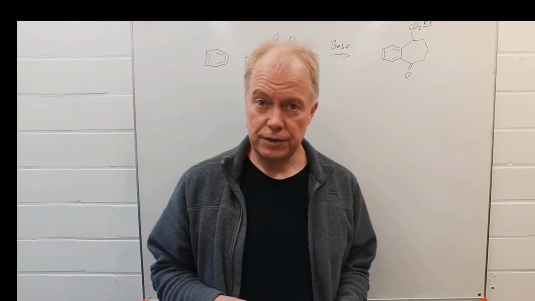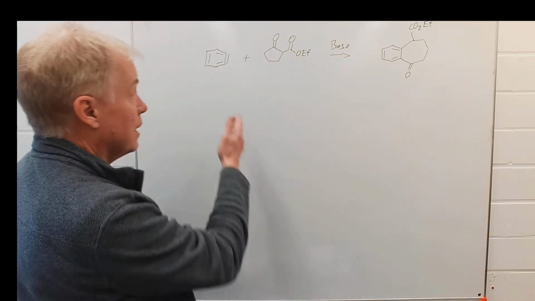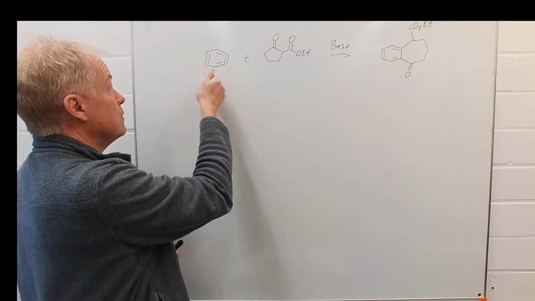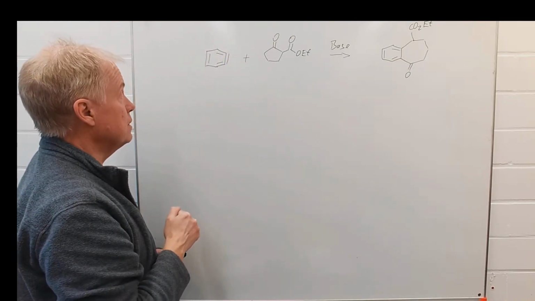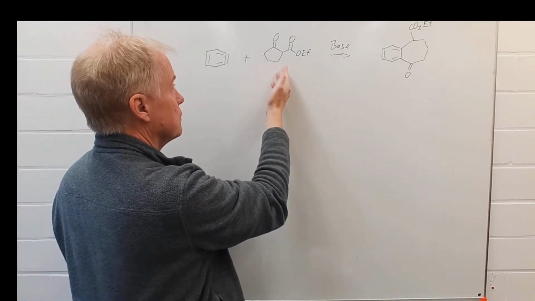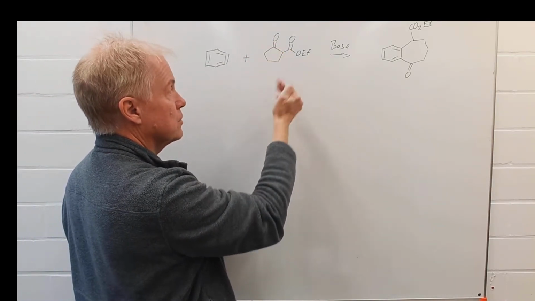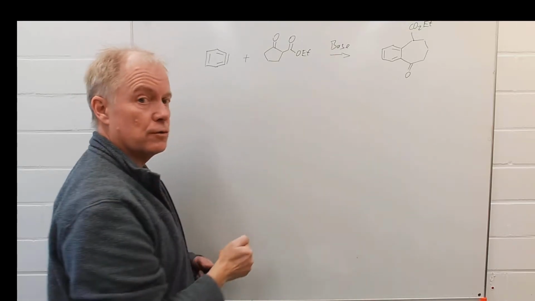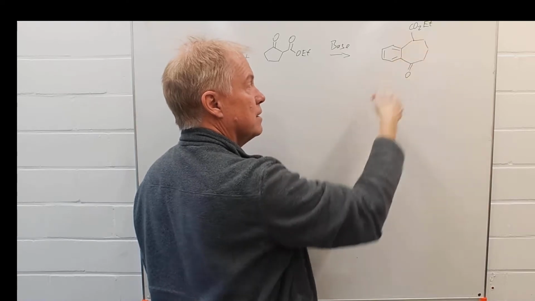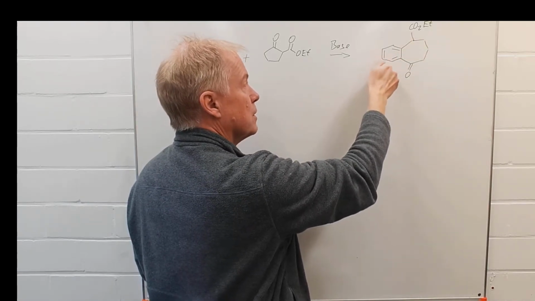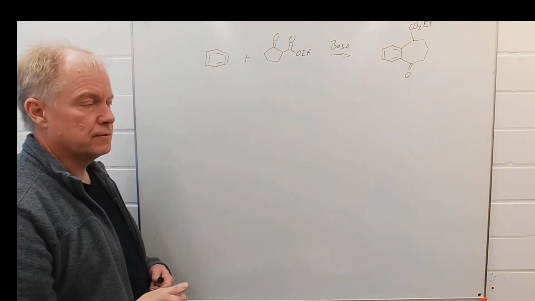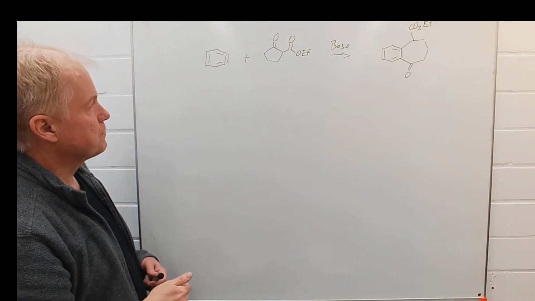In today's exam riddle, we have this reaction scheme. This reactive intermediate, an aryne, should react with this beta-ketoester in the presence of a base, finally resulting in this annulated ring system with an aromatic six-membered ring and a functionalized seven-membered ring.